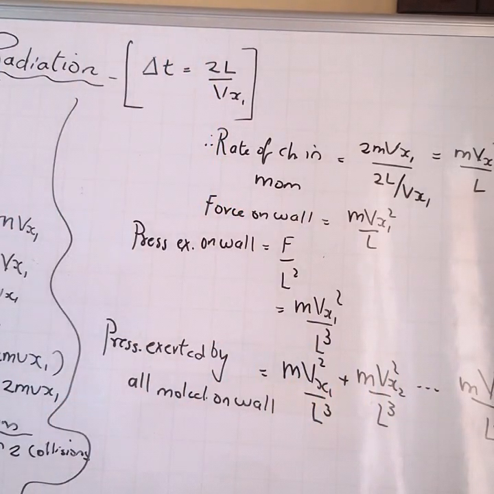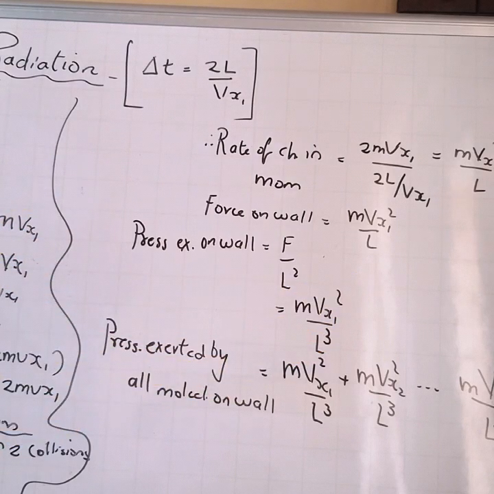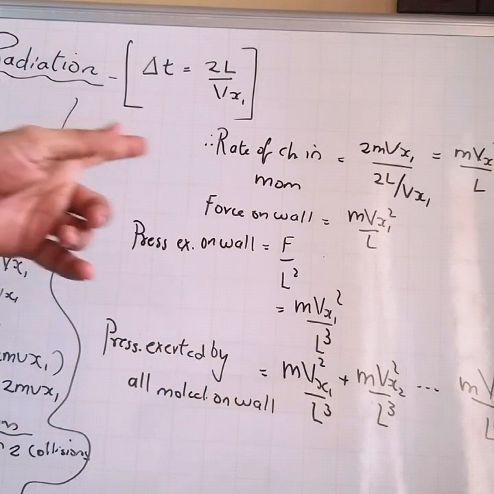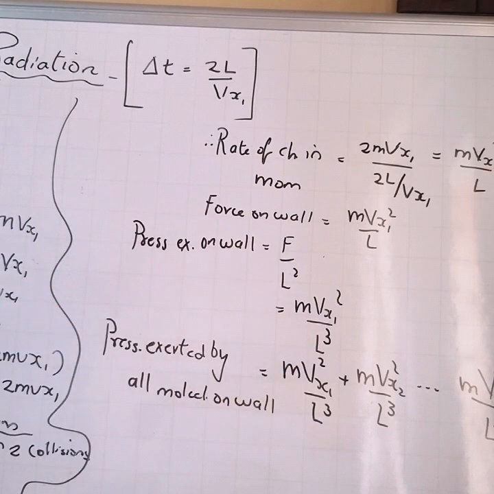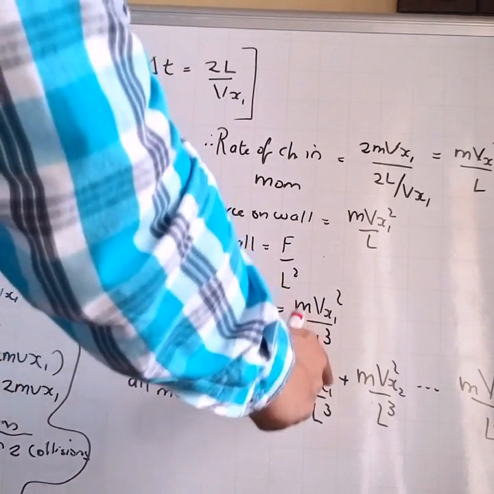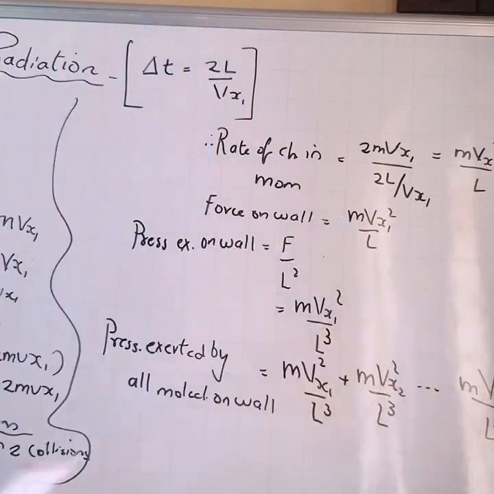Do you understand? mvx1 square upon L cube is the pressure exerted by one such molecule moving along the x-axis. Now pressure exerted by all the molecules will be written as mvx1 square by L cube, mvx2 square upon L cube, and mvxn square upon L cube.